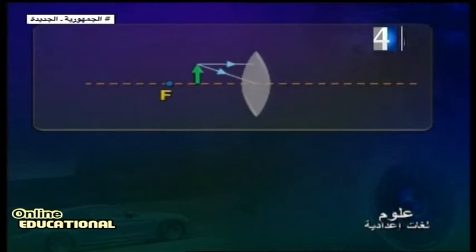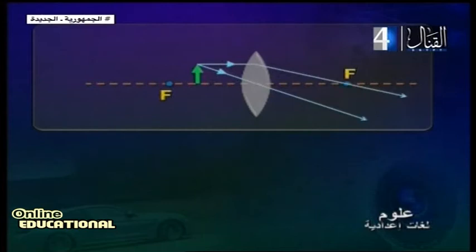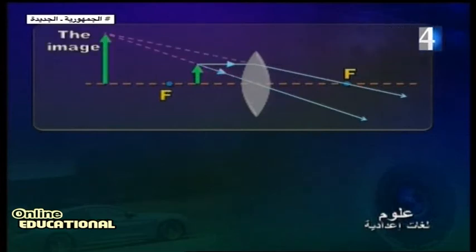But in the last case, here the object is at a distance less than the focal length, we try to draw the image. A light ray that falls parallel refracts through the focus, and a ray through the optical center passes without refraction. So, by drawing the extension of the refracted rays, here we have the image.